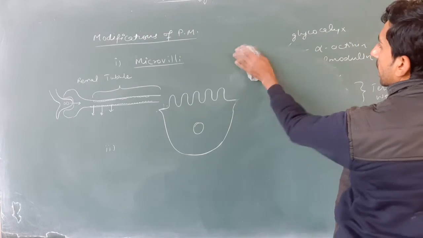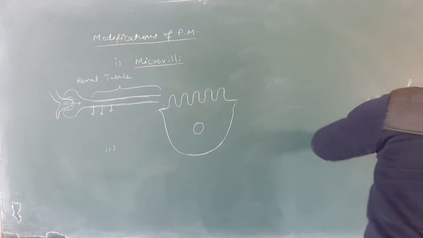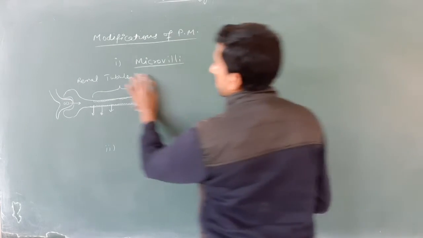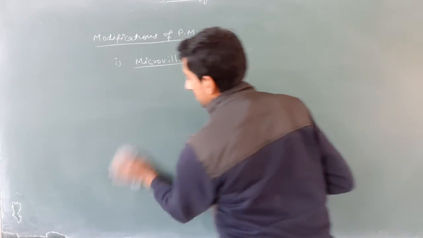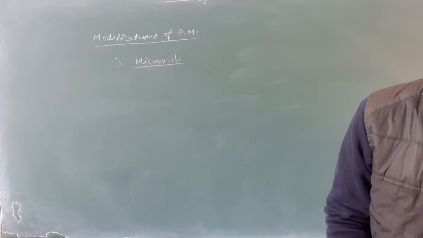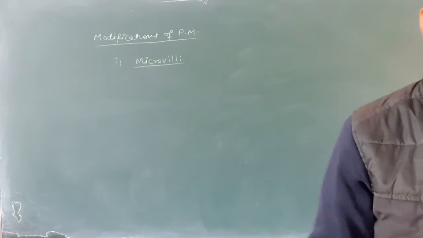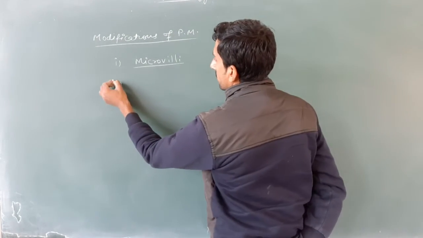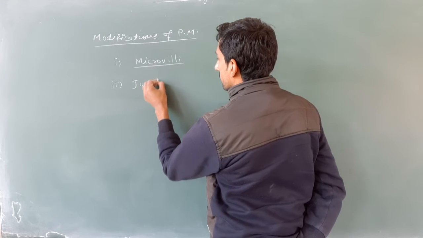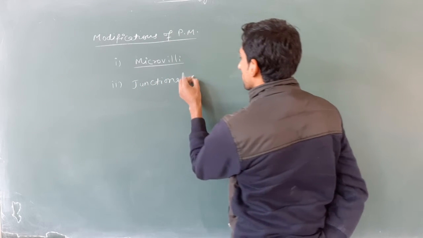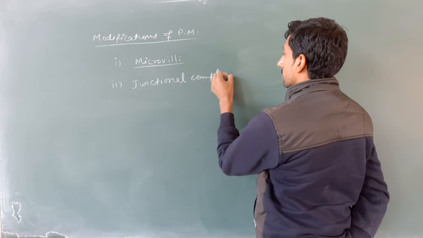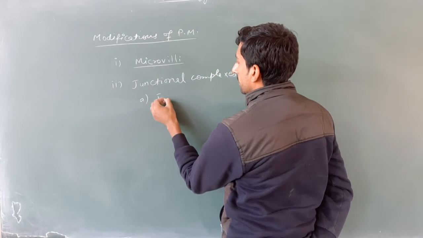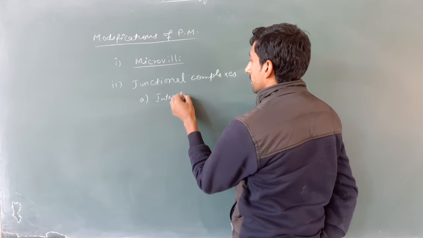So the next type of modification of the plasma membrane is junctional complexes. First is interdigitation.